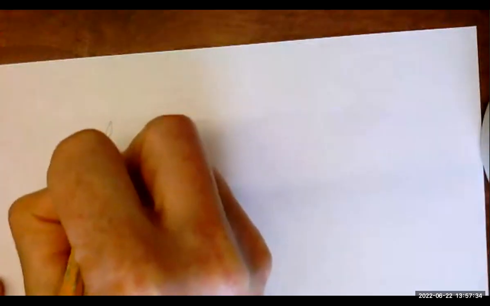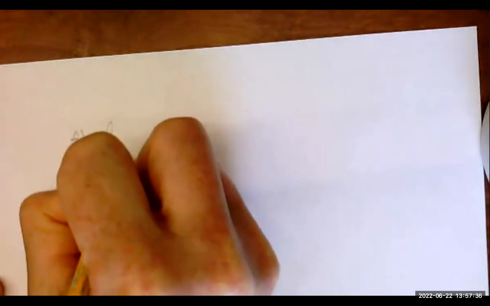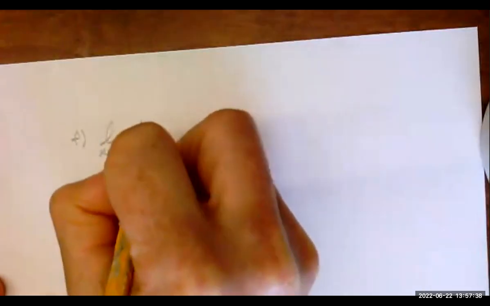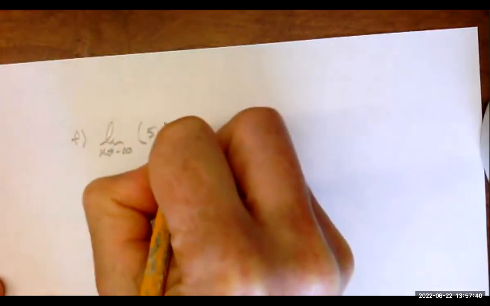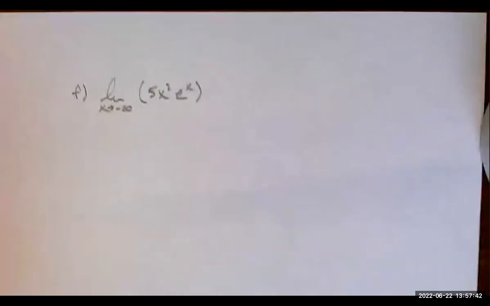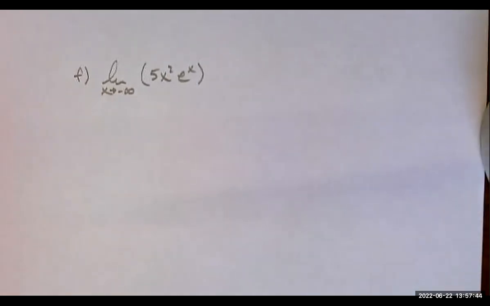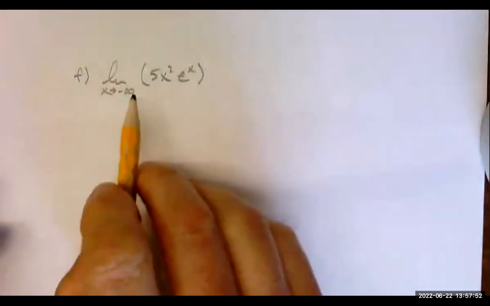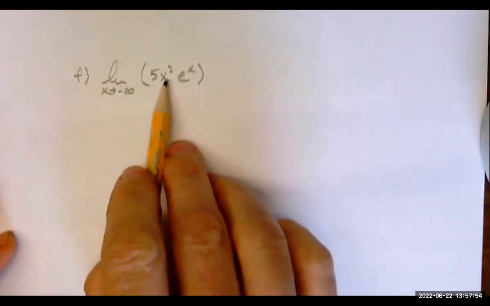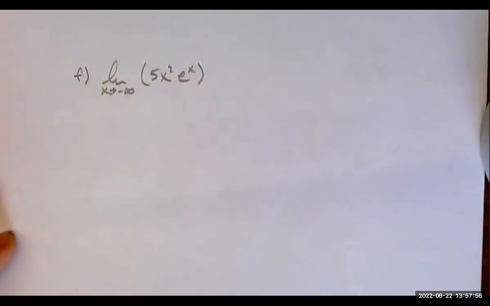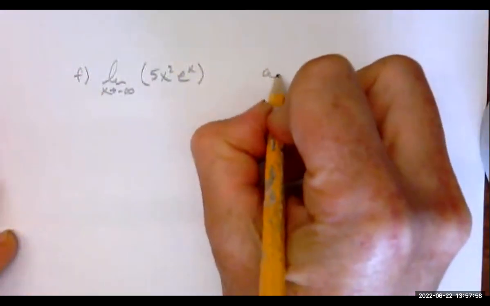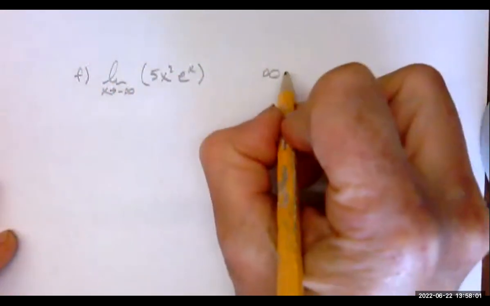Kind of similar strategy for part F. The limit as x approaches negative infinity of 5x squared e to the x. So we notice that we don't have a ratio. Actually, probably first thing we should do is make sure this is an indeterminate form. If we plug in negative infinity, x squared becomes positive infinity, and then times 5, so positive infinity.